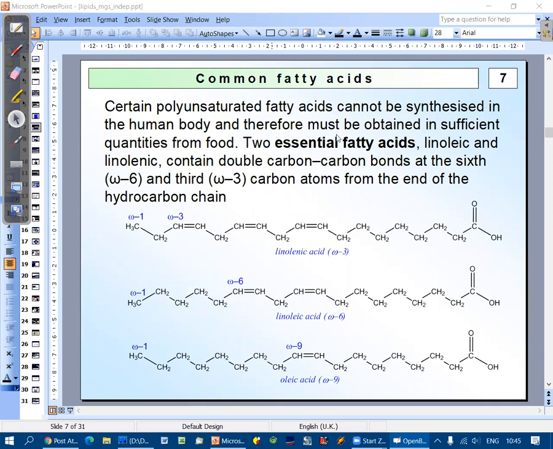Two essential fatty acids, linoleic and linolenic, must be obtained from food because we cannot synthesize them. And this is an example of the other type of nomenclature of fatty acids.